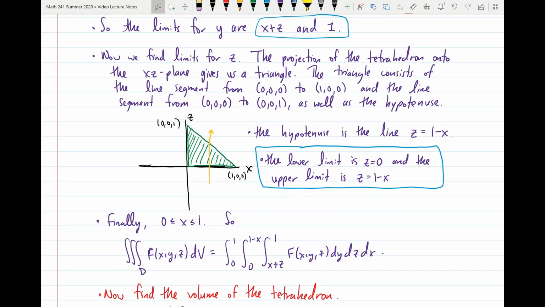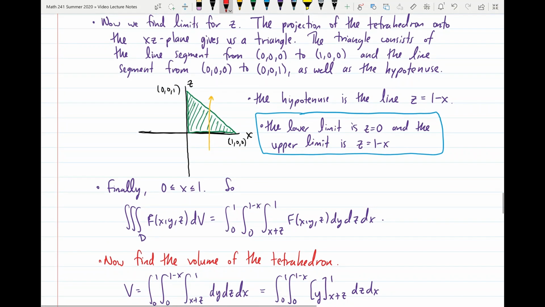So it's the triangle that consists of the line segment from 0, 0, 0 to 1, 0, 0 along the x-axis, and then the line segment from 0, 0, 0 to 0, 0, 1 along the z-axis, and then the line that's connecting those 2 points, or the hypotenuse of the triangle.